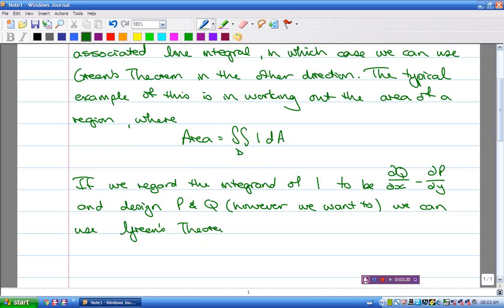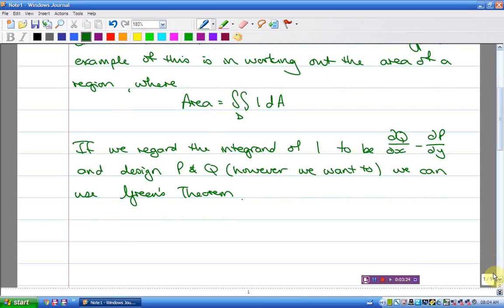And we can turn that double integral into a line integral. So here are some examples.